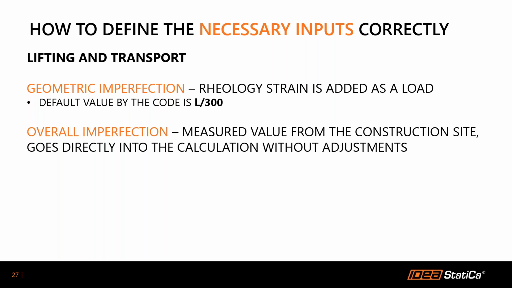The other option is to have overall imperfection, which is, for example, let's imagine you go to a construction site and you see a beam that is visibly curved like a banana, and you as the engineer are now wondering whether it is even safe to lift this beam, to transfer this beam, or it will break in half during lifting or lose its stability somehow. So if there is a visible, measurable imperfection, you can measure that value and input it directly into the application, and this value goes directly into the calculation without adjustment, without rheology strain added.